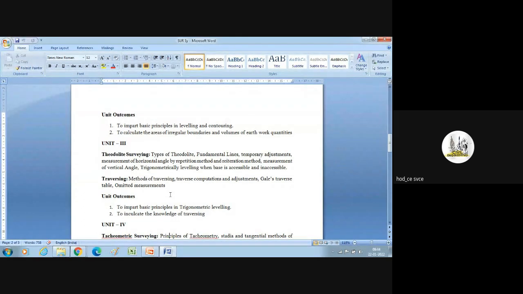That means if I need to calculate our building height, right? Somewhere you have placed the instrument station and done the temporary adjustments, everything. If there is access from the instrument to the object, we need to find the distance. If you have access to find the distance, that is what is meant by accessible.